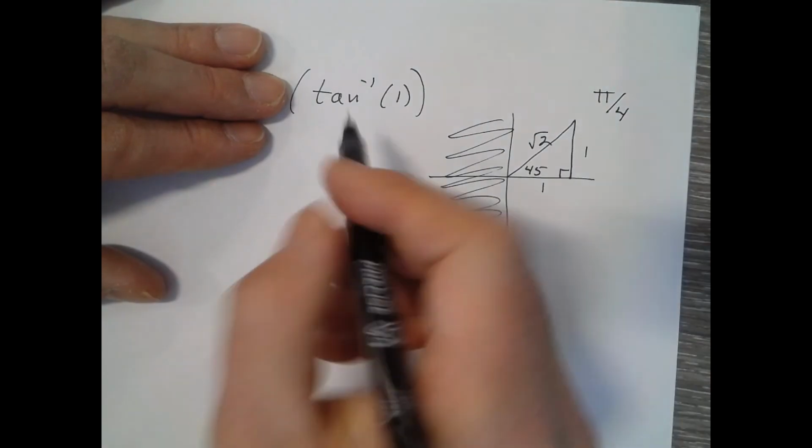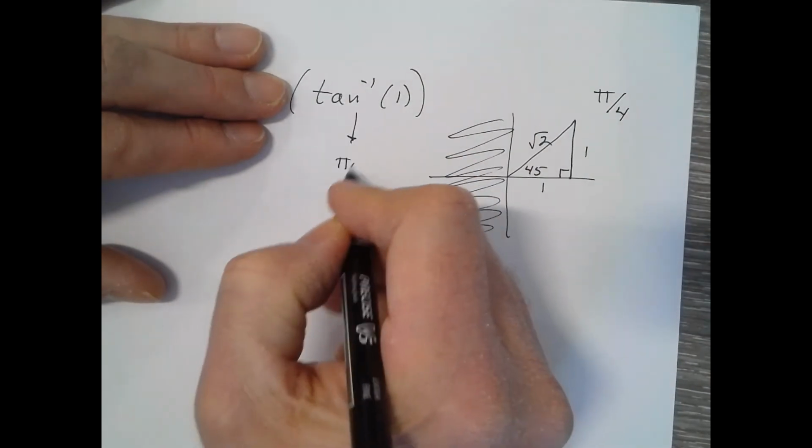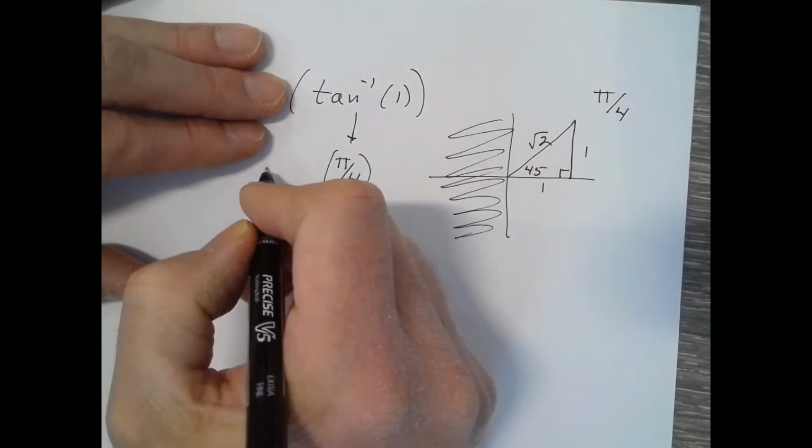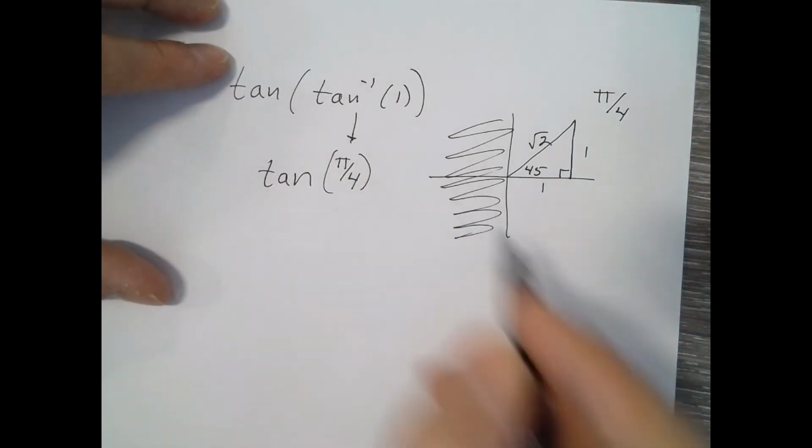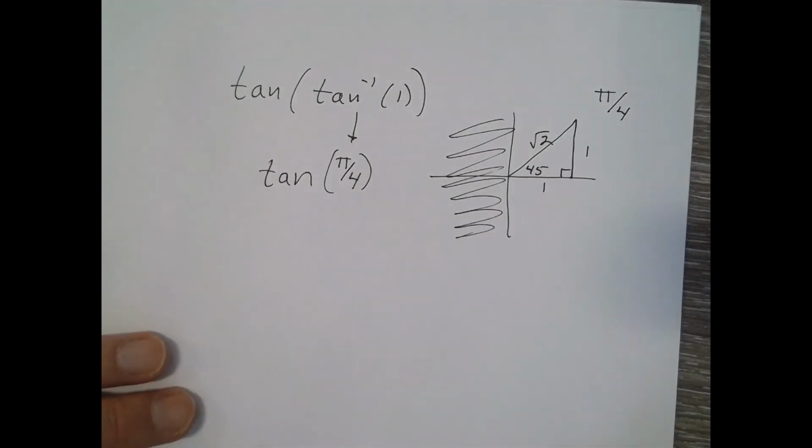Okay, so our inside is pi over 4. Now we have to take the tangent of pi over 4. What is the tangent of pi over 4? What is the opposite over adjacent of that triangle drawn right there? It is 1.